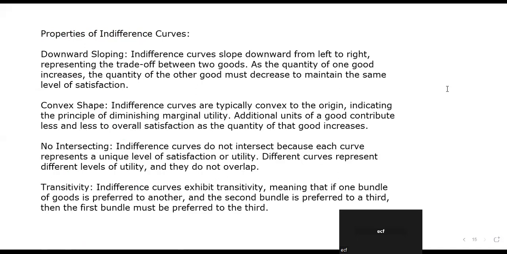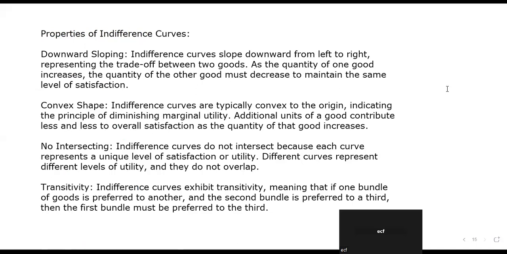They are convex, meaning the indifference curves are typically convex to the origin, indicating the principle of diminishing marginal utility. They are not intersecting, meaning each level has a unique satisfaction point.